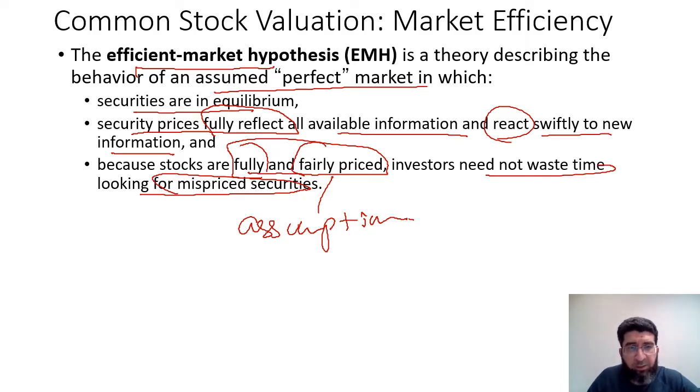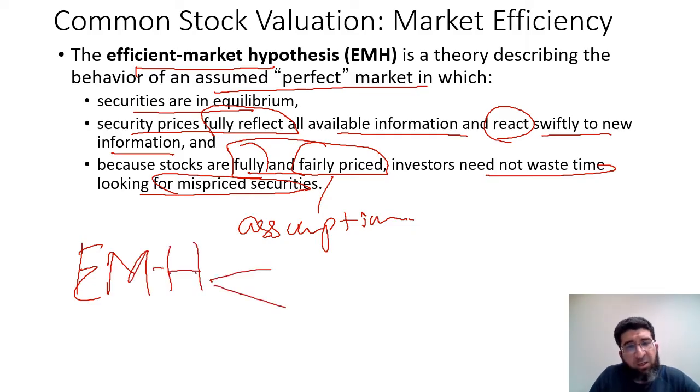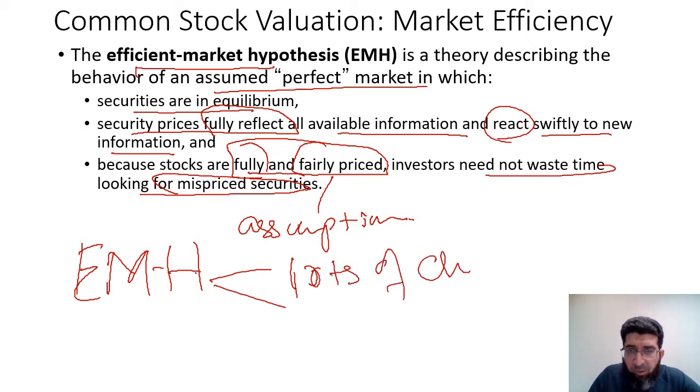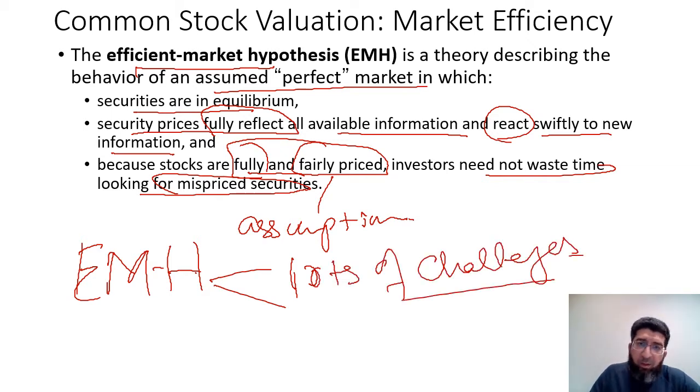However, we understand that in practice these assumptions are very difficult to hold. Hence, this famous EMH, or efficient market hypothesis, has lots of challenges, and it's very difficult to prove this hypothesis in its strong form.